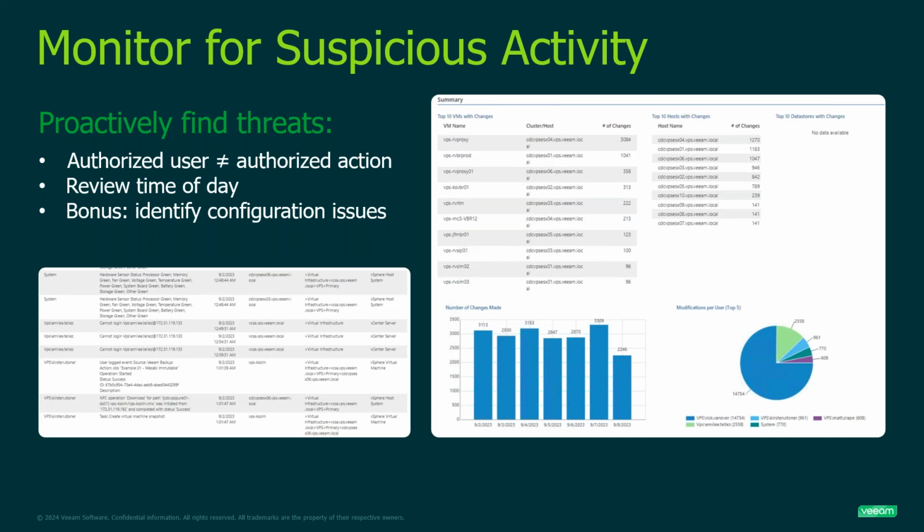And also you want to review the time of day these activities take place, so that you will know exactly where to lock down a particular piece of information. Changes to your backup infrastructure, for example how many changes are made in a day or in a week, if there is trending information that you can look at, this is important for any backup administrator, or from a security standpoint, you should lock down that particular user or threat straight away.